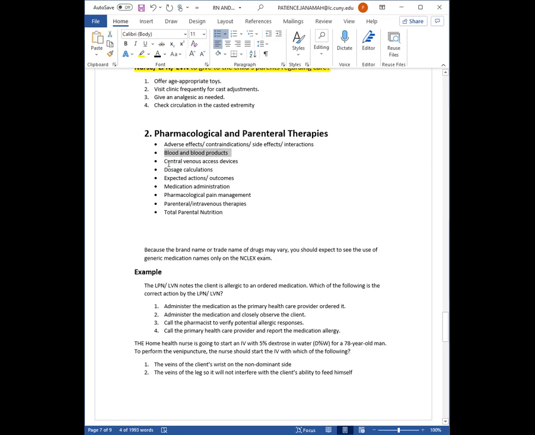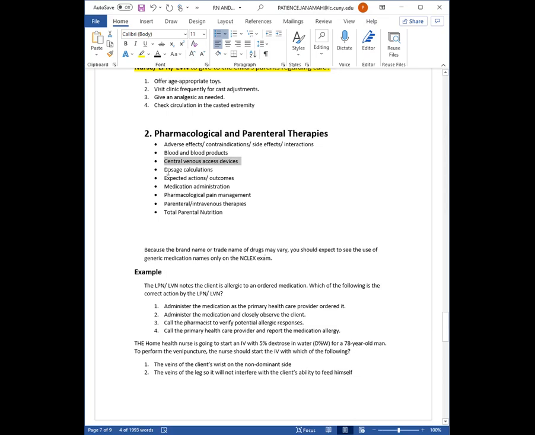So we have the central venous access devices. This is the midline, PICC line, and all those lines. Dosage calculation. Those central venous access devices, they will always want to know how you do wound dressing. They will put those questions in drag and drop, and they want you to arrange the steps of how you dress a midline, how you do tracheostomy care.